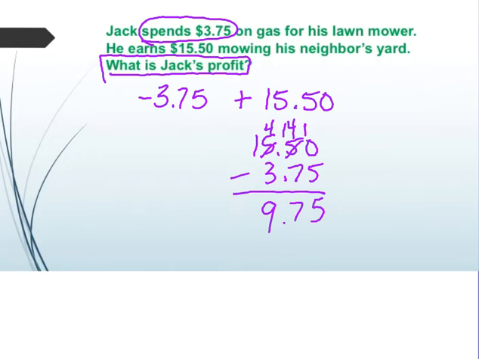Oh, look at me. I totally subtracted wrong. 4 minus 3 is 1. 1 minus 1 is 0. Glad I caught that mistake. So he made a profit of $11.75.